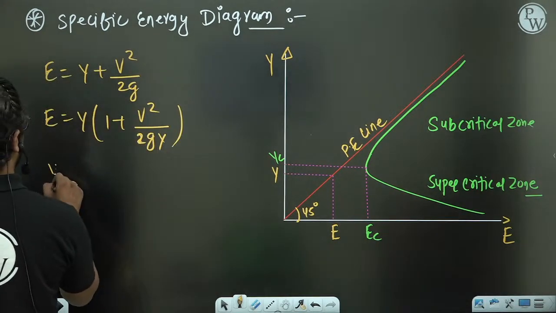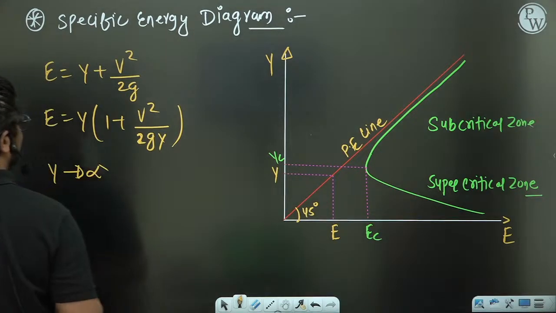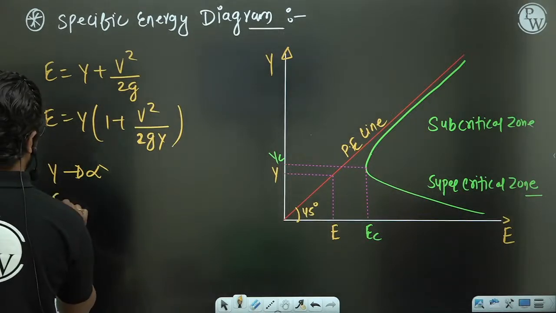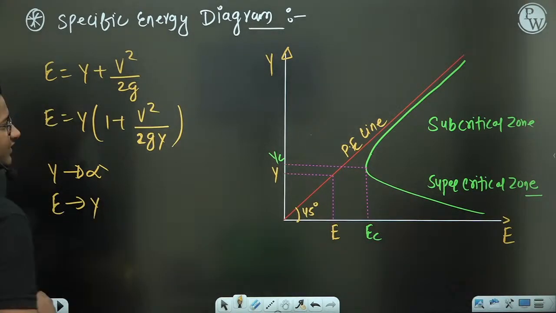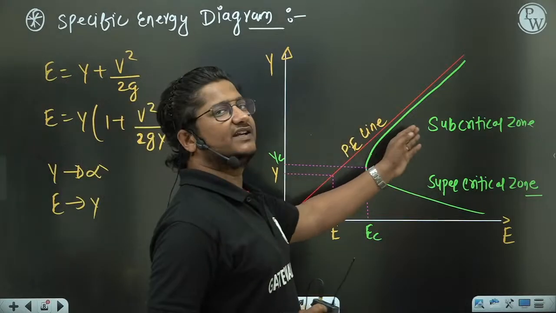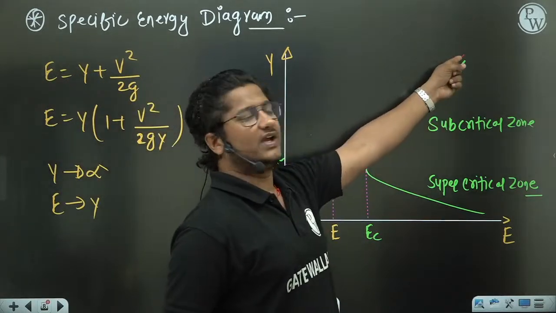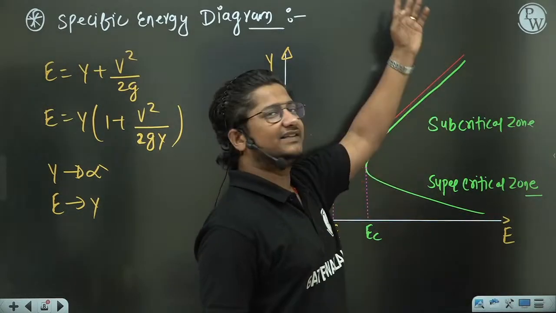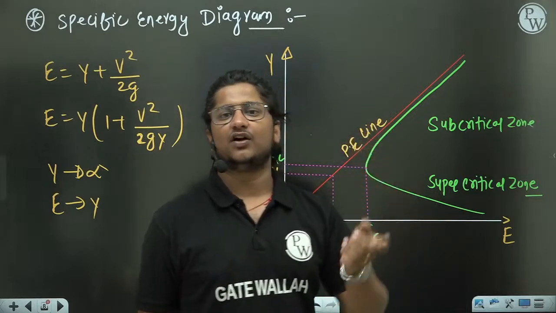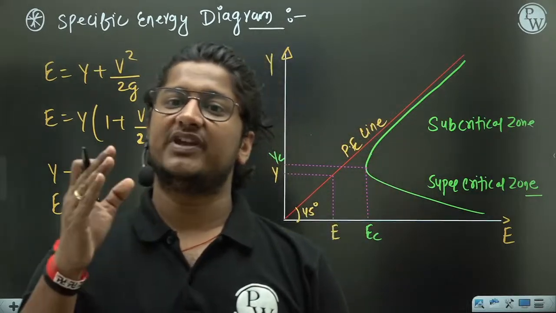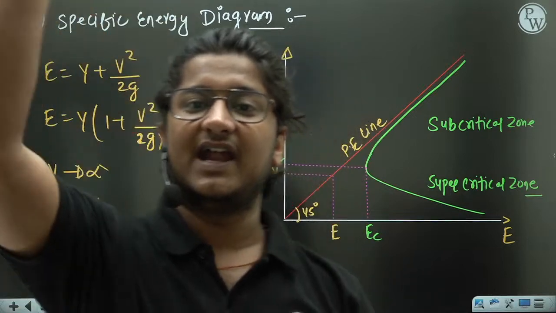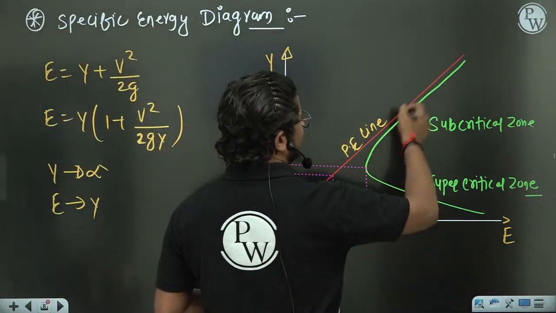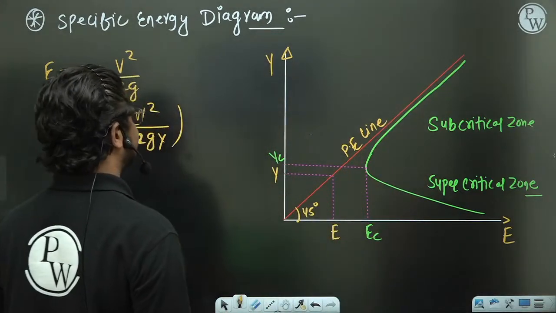If y tends to infinity, E tends to y. Y means this potential energy line. So it happens at infinity, and that's the meaning of this asymptote line: it tries to meet, but it will meet only at infinity. So this specific energy curve makes an asymptote with the potential energy line.